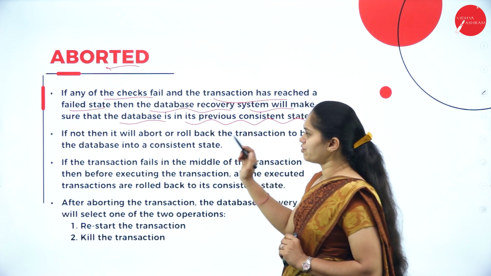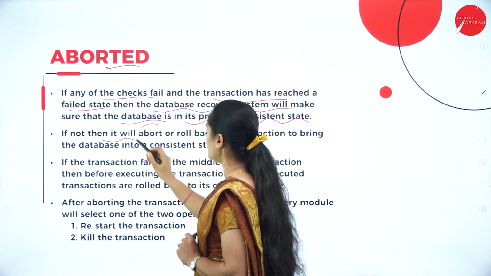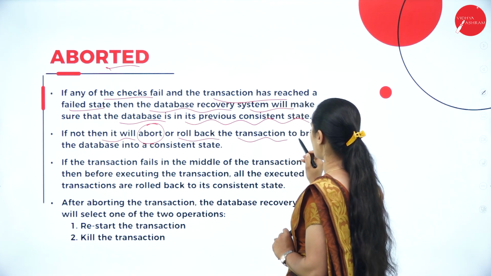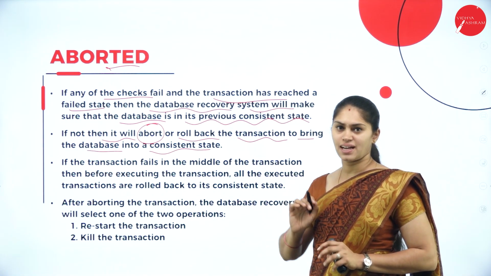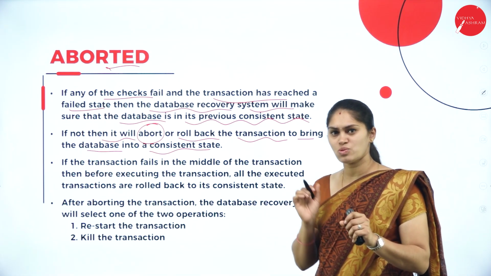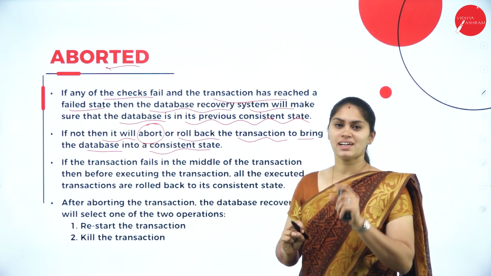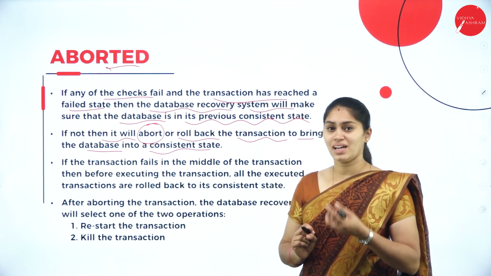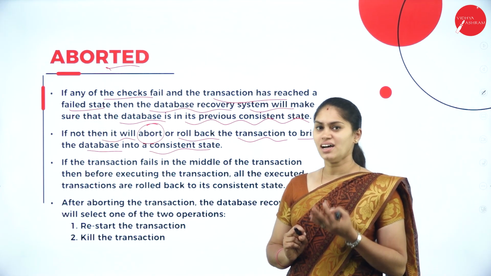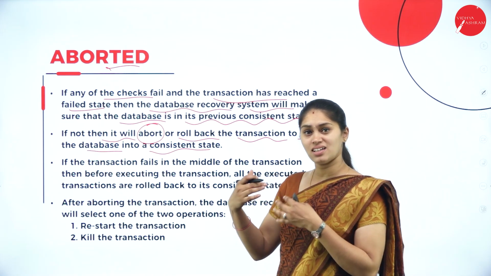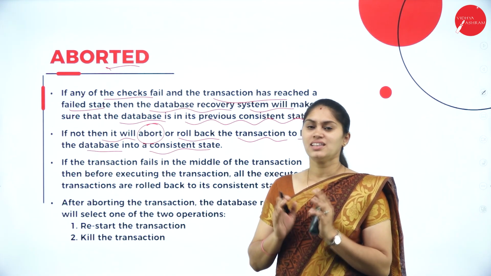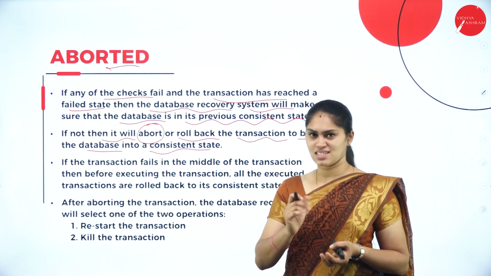So it will abort or roll back the transaction to bring the database into a consistent state. If you give a wrong password, the amount is not going to be deducted from your account. That means they are maintaining consistency in the bank balance. If you give a wrong password but money is still deducted from your account, then it is not maintaining consistency.